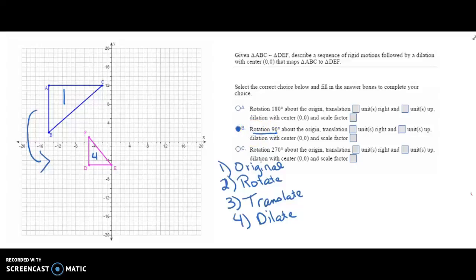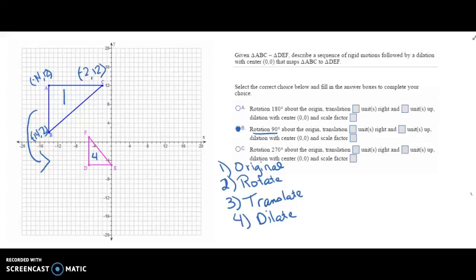Remember that in order to rotate 90 degrees, we have to know our points. So C is -2, +12. A is -14, +12. And B is -14, +2.